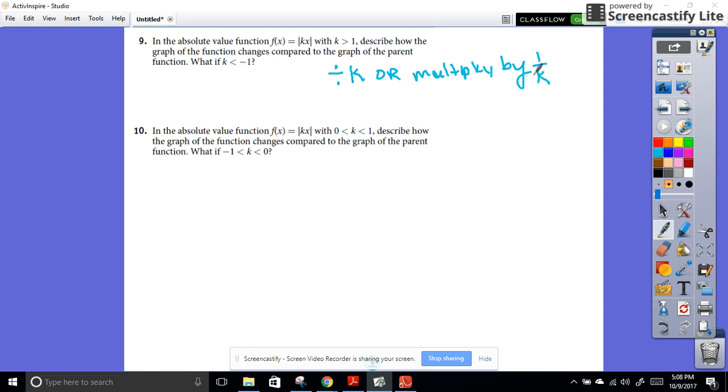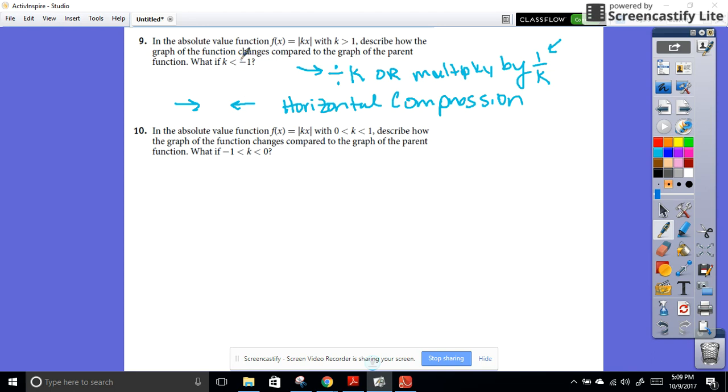Dividing by k and multiplying by 1 over k is the same thing, okay? And it is a horizontal compression. The x values are going to be changing by this much.